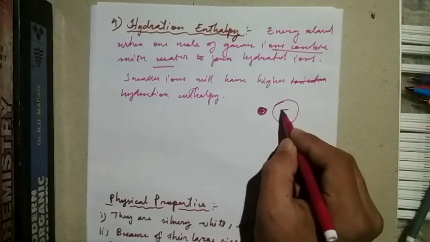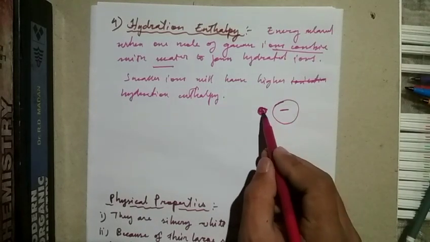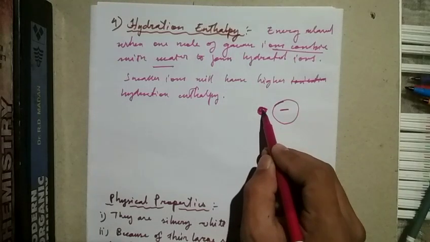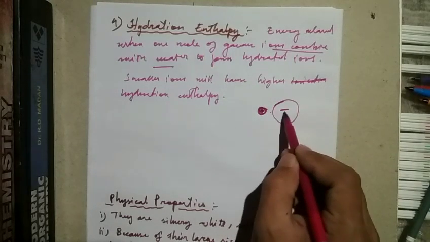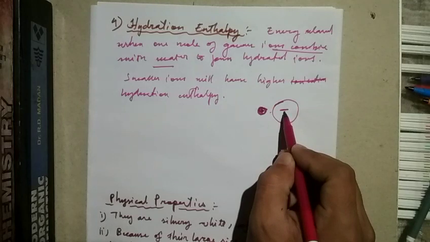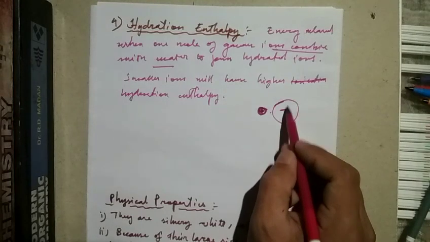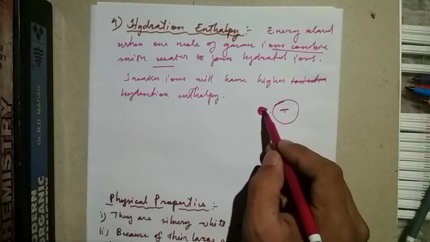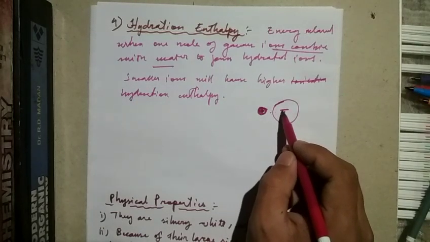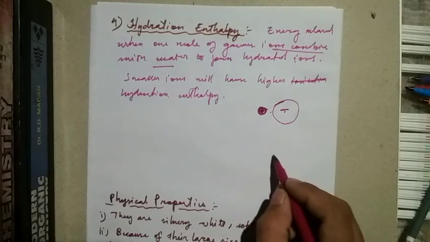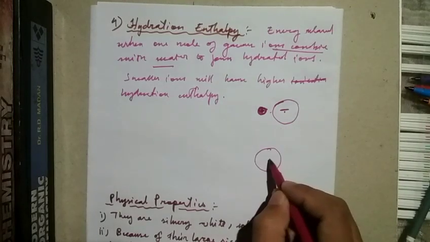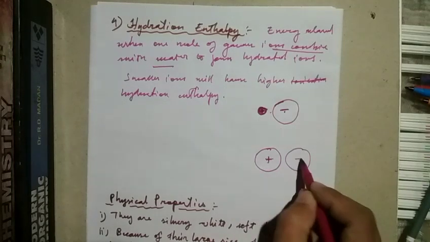So let's say anions: this cation can attract this negative charge or anion, because it is smaller. Suppose we take a bigger cation and anion.